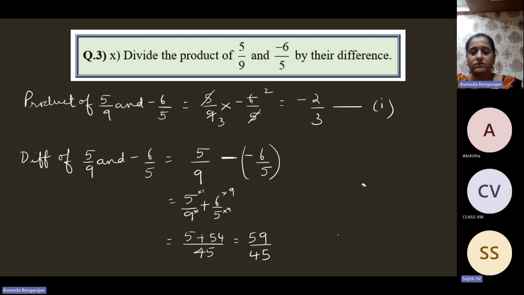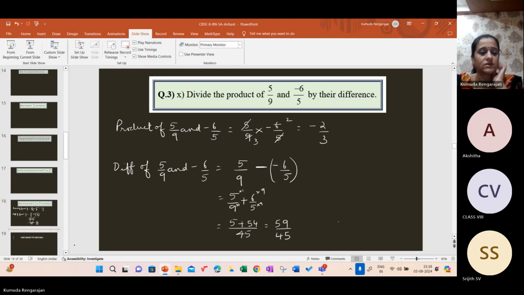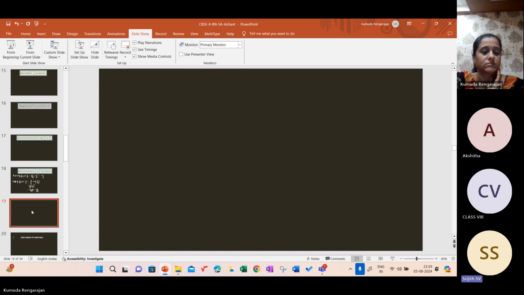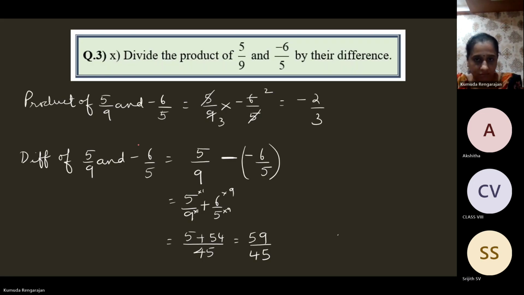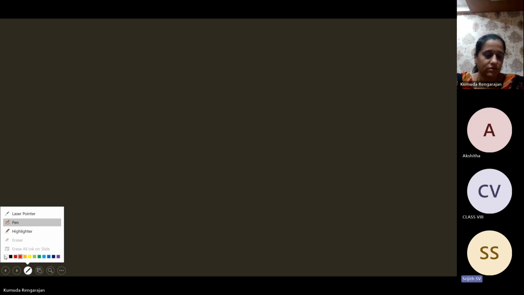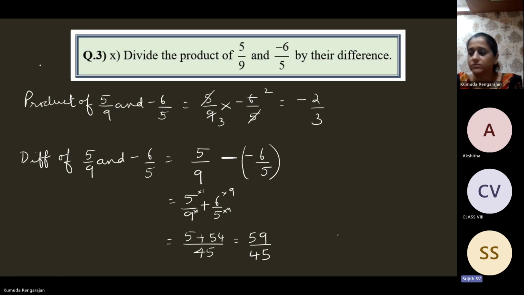Ma'am, can I say the answer? Srijata? Yes, ma'am. Tell me what will be the next step. Ma'am, we have to divide the product and the difference. Yeah. So the answer is minus 90 by 237, ma'am.